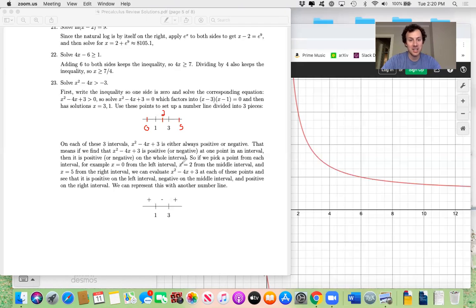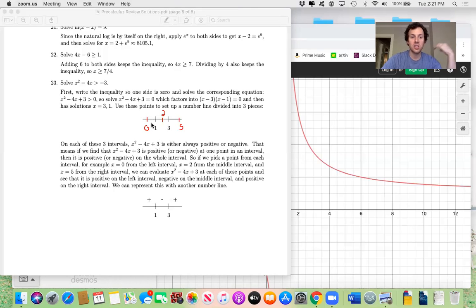Just pick any point for each of these intervals, and then see, is this function, x squared minus 4x plus 3, positive or negative at these test points? If you put 0 into this, you get 0 squared minus 4 times 0 plus 3, you get 3, that's positive.